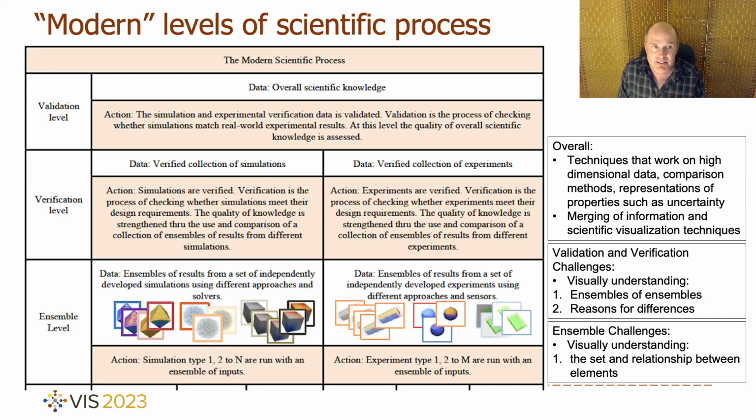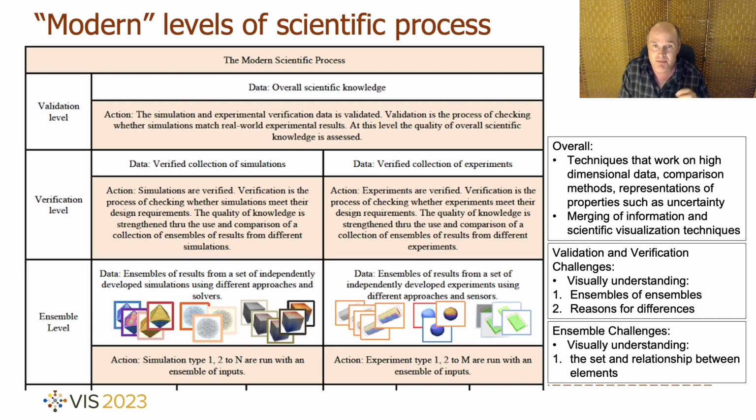Next, as I pointed out on the last slide, verification is this process of checking whether the simulations meet their design requirements or if the experiments are meeting their design requirements. That's an important step. What's interesting at this level is now you start thinking about ensembles of ensembles. I've run a set of simulation experiments, or I've run a set of experiments, and then I put all those together and make sure the apparatus is working correctly.